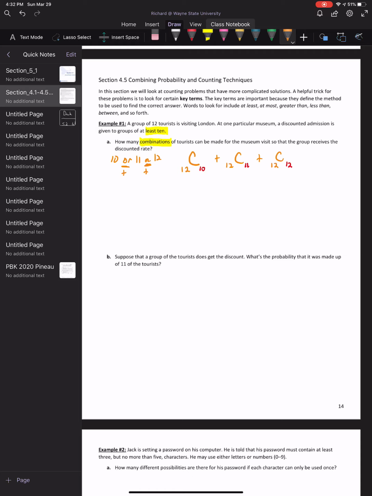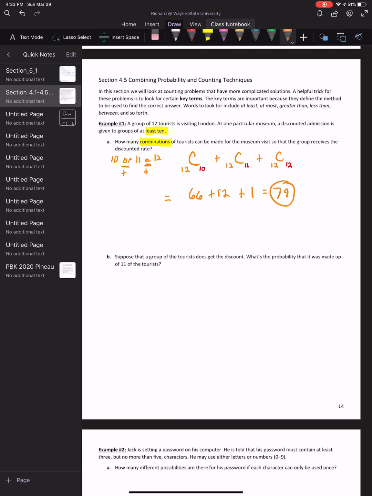Simplifying each of these, I'll let you put them into the formula, we'll spare you the details. We're going to get 66 plus 12 plus 1 equals 79. So there are 79 different groups that we can make out of these 12 that will allow us to get that discount.